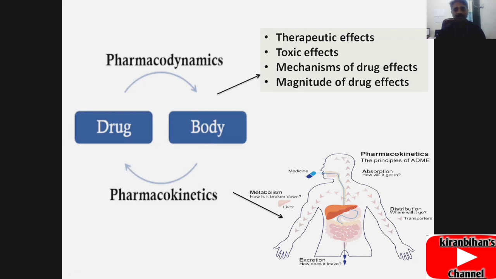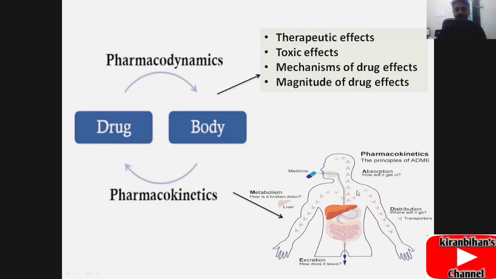And after absorption, the drug gets distributed and at the same time metabolized and at the same time excreted. So absorption, distribution, metabolism, and excretion are the processes of pharmacokinetics.